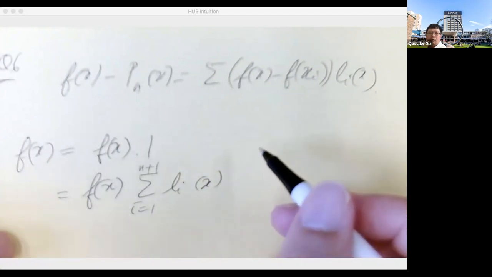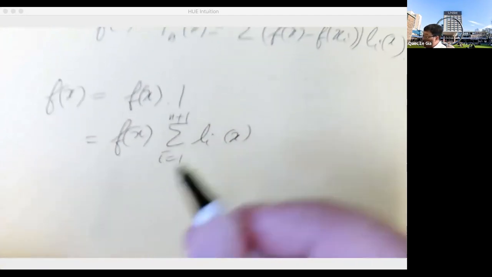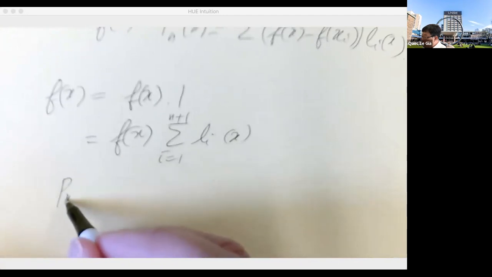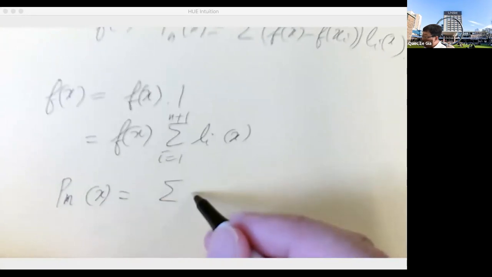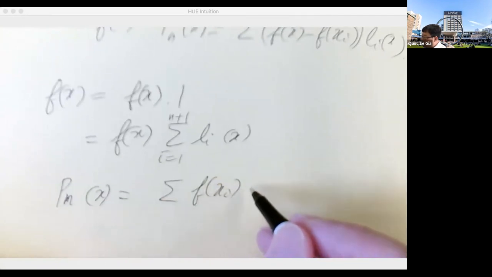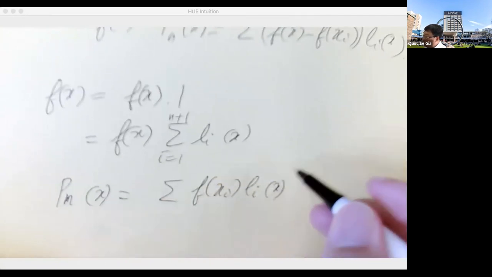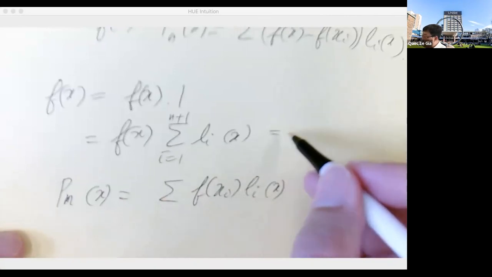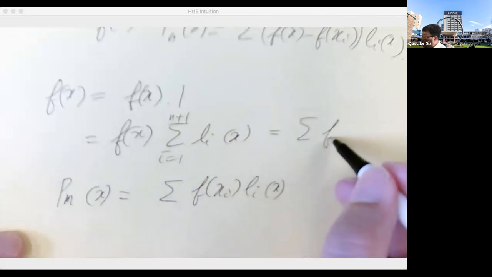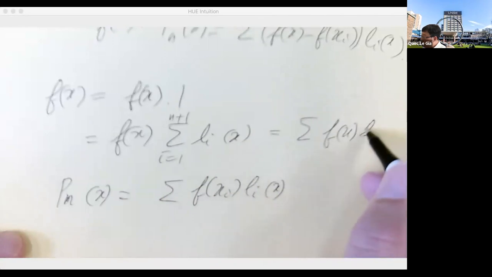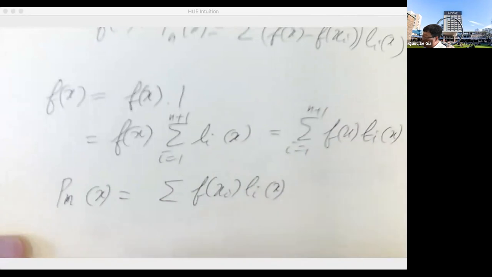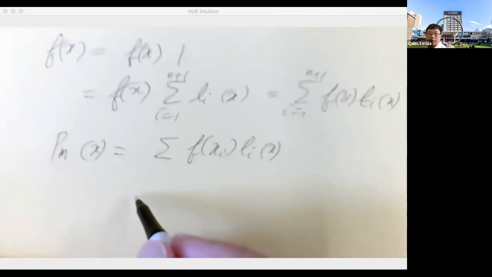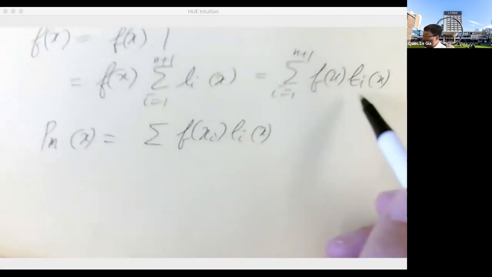And now you have Pn. Remember, Pn is of degree n, the sum of f xi li. You take f x inside the sum. Now you take the difference between the first and the second equation.